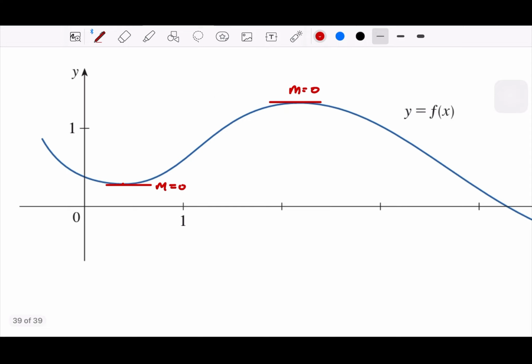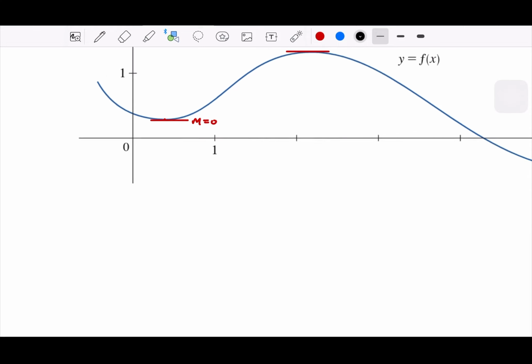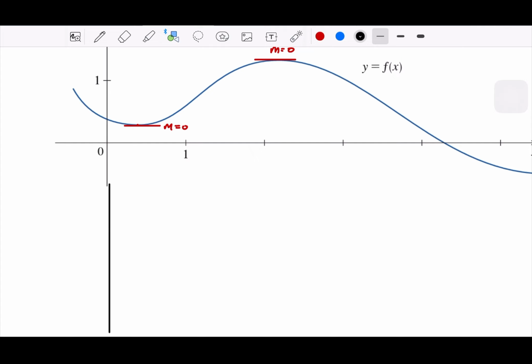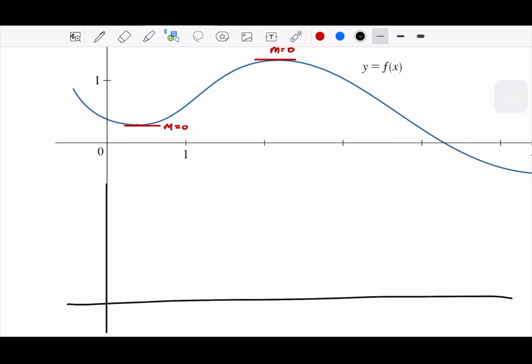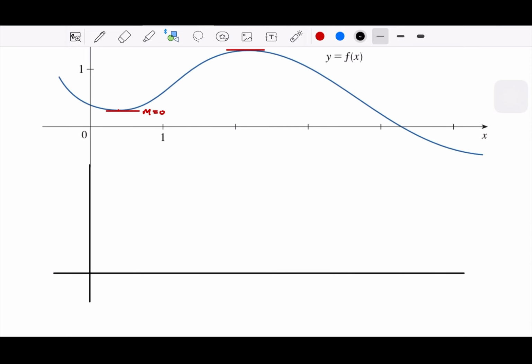And then if we want to make another curve here, we would like to write down f prime of x.